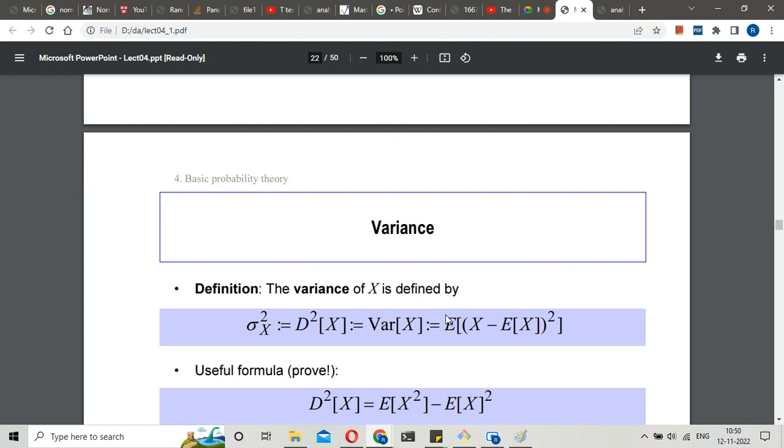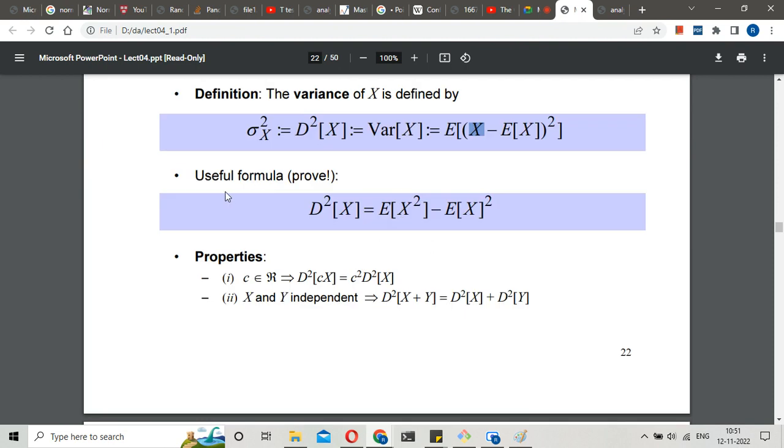And similarly, we calculate variance also. Remember, variance is nothing but, you remember standard deviation, there we calculate sigma square, right? That is only the variance. So what we are doing is x minus its mean, squaring it, and taking the expectation again. Then there is a useful formula to get the variance: E of X square minus E of X, whole square.